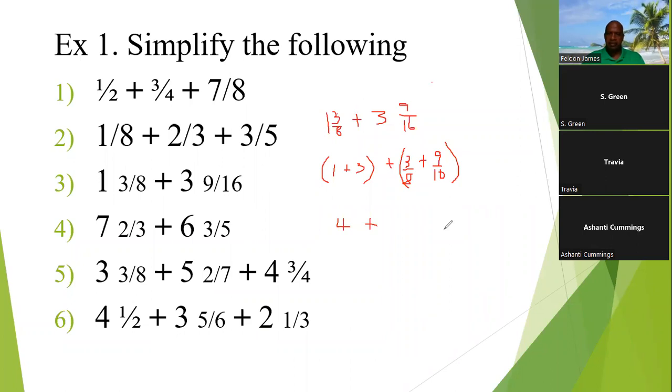Miss Cumming? 4, sir. Yeah, we got the whole number part to be 4. But we're looking now at the fractional parts. So we have 3 over 8 plus 9 over 16. Now, I'm asking you now, are the denominators of the fractions the same?